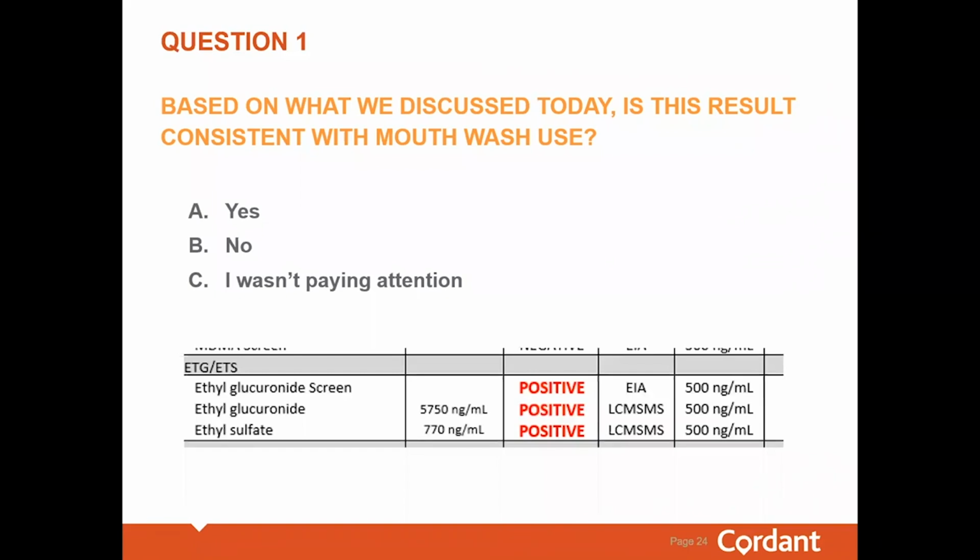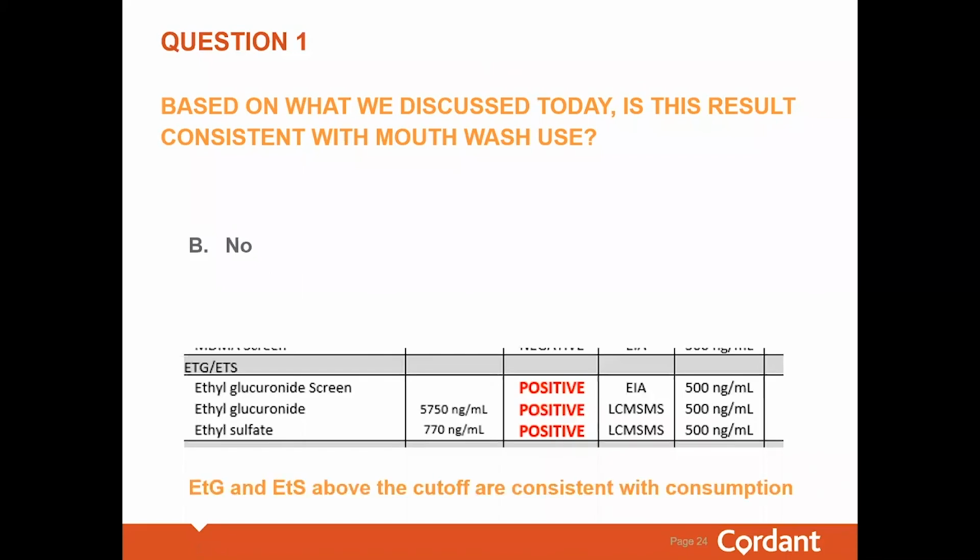Okay, so the real answer is no. This is not consistent with mouthwash use because ETG and ETS are above the cutoff at a very high level. We've got 5,750 here for the ethyl glucuronide and ethyl sulfate at 770. This is well above our 500 cutoff, so this is not consistent with mouthwash use alone.